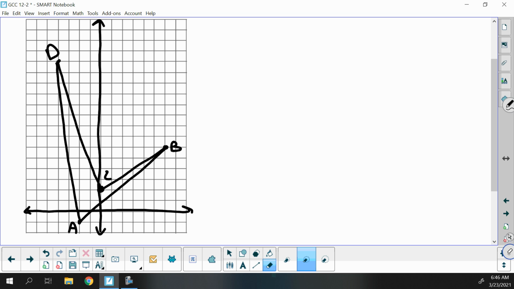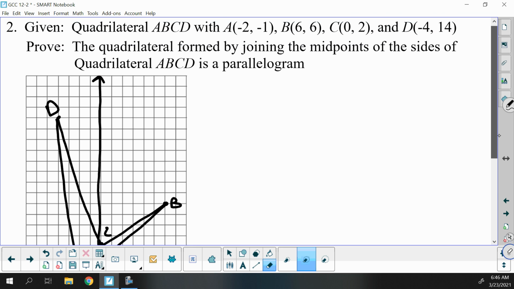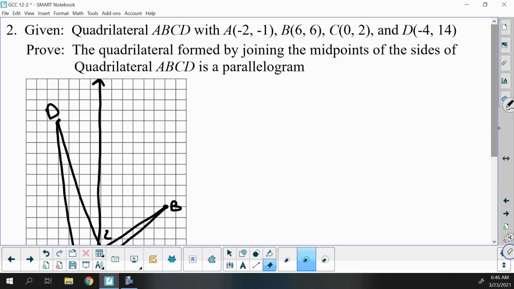Oh, and this was D. And you might be saying, well, that's not a parallelogram, which is true. Remember, it said the midpoints of this quadrilateral, if you connect them, will form a parallelogram.